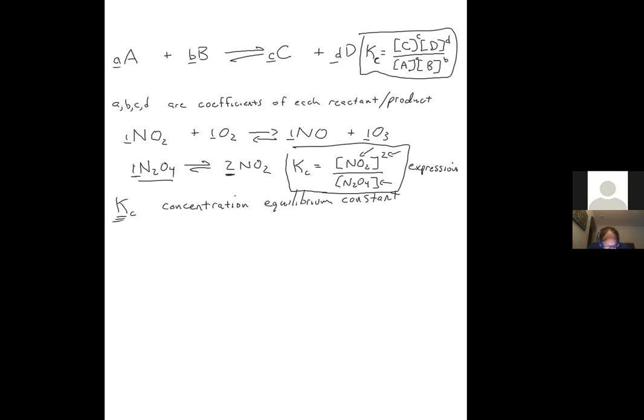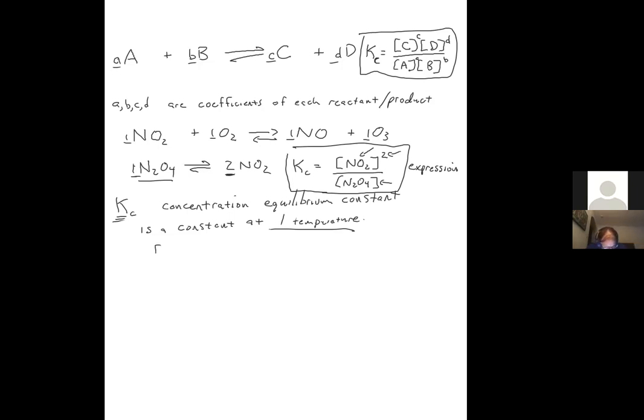Now, Kc is a constant at one temperature, meaning if I change the temperature, its value may change. So it's like the rate constant. It is a constant, but that doesn't mean that I can't change that constant. The change is based on what the temperature is.